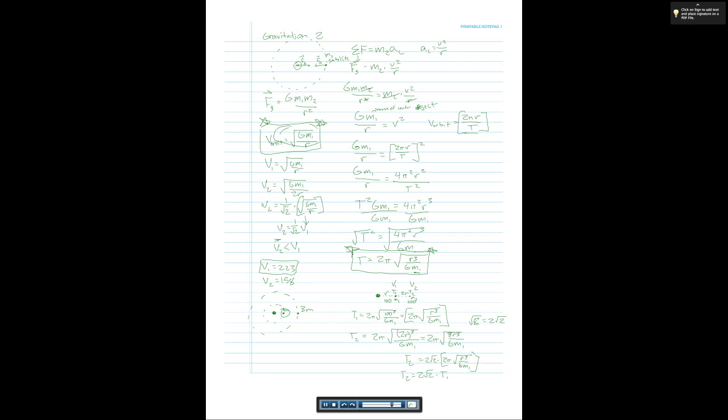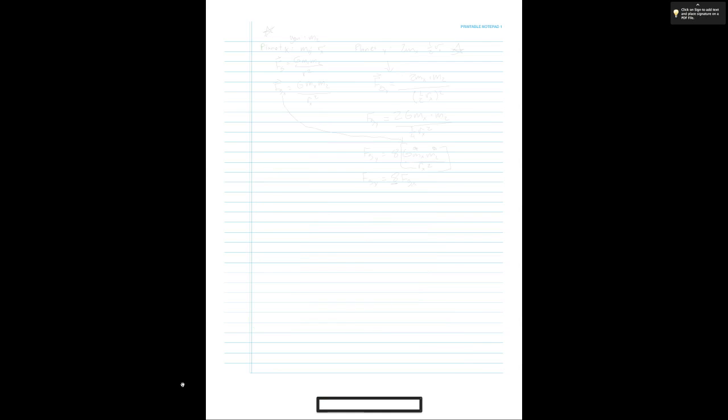For instance, let's say that you have a certain weight on a planet that just has a mass. Let's say you've got a planet, and let's call it planet X, and it has a mass m and a radius r. And then you want to compare your weight on planet Y that has twice the mass, but it has half the radius.